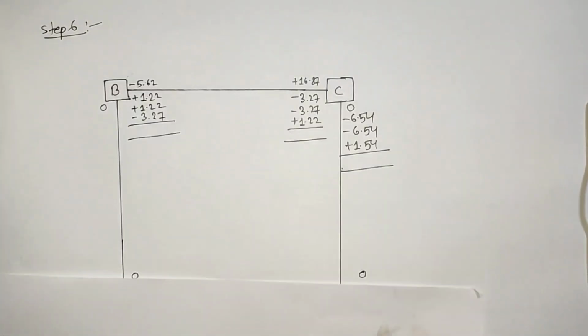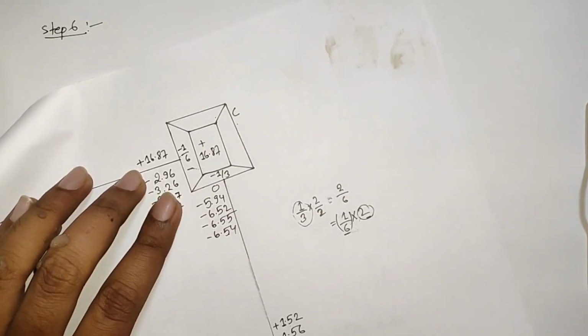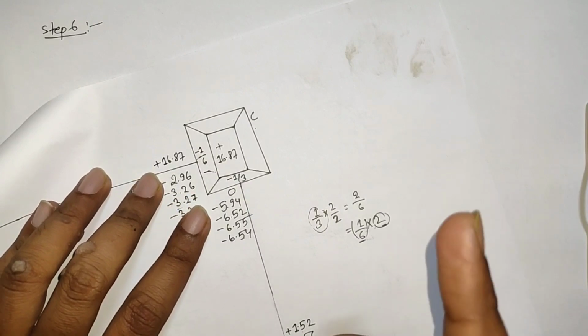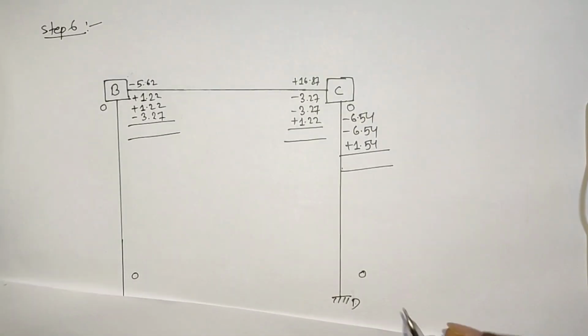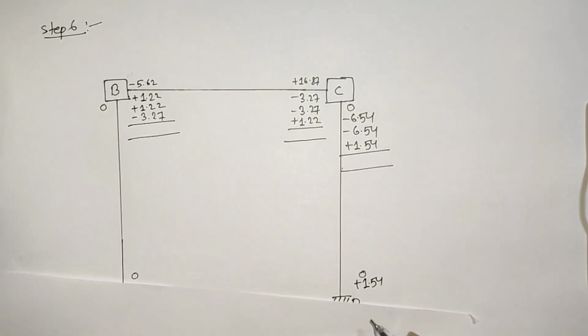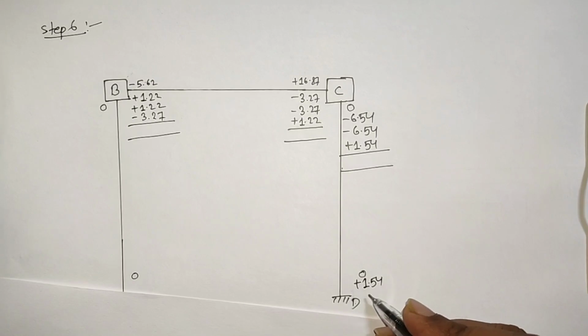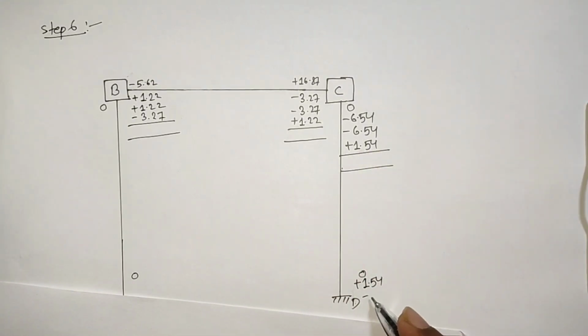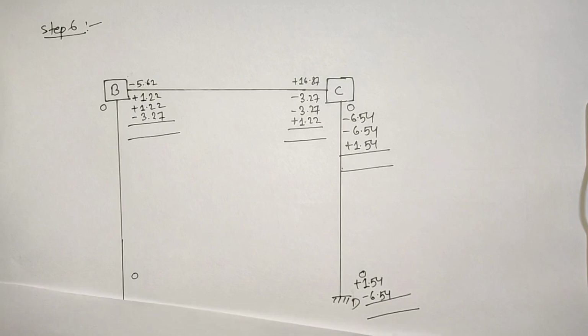Here at the support, previously we were taking twice, but here we have to take once only. That is the difference. So take it as once, positive 1.54 moment at the near end. Again, the moment at the farther end will also be taken as once, so minus 6.54. Add this value, and we will get the final answer here.